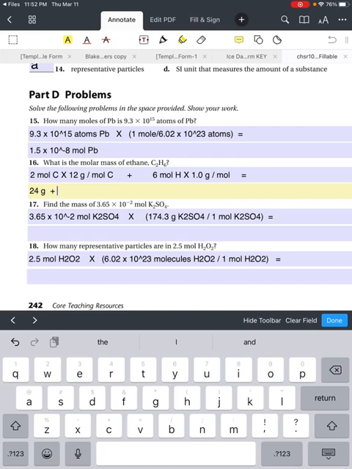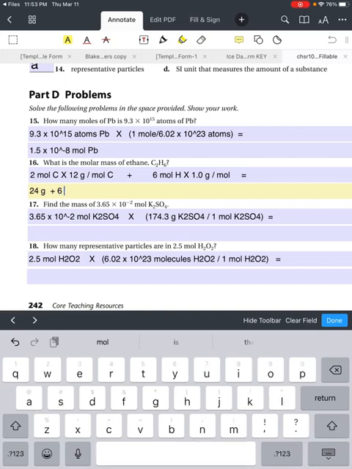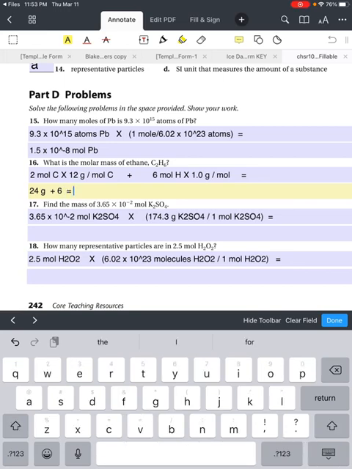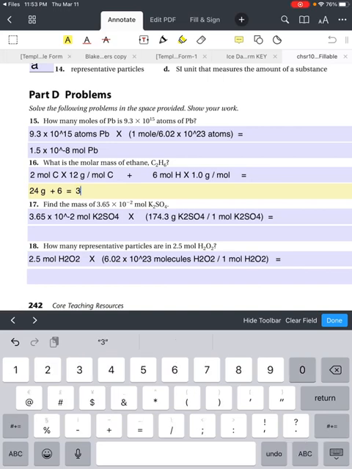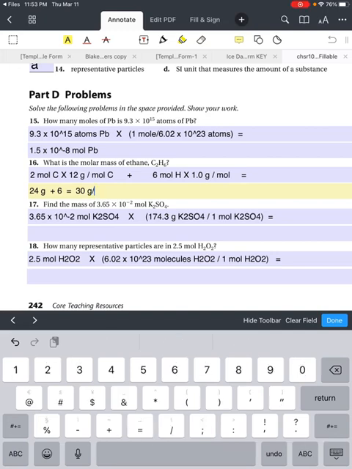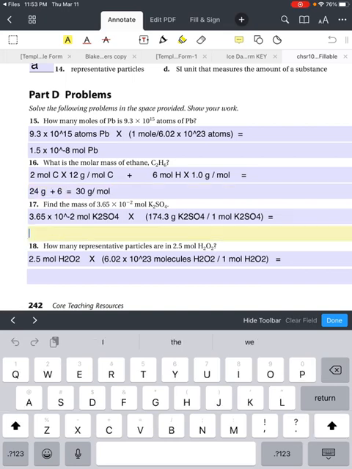And that would be 6 times 1 is 6. And if you want the molar mass of ethane, it would be equal to 30 grams per mole. 24 plus 6, 30. And our units would be grams per mole. And that's your answer, 30 grams per mole.